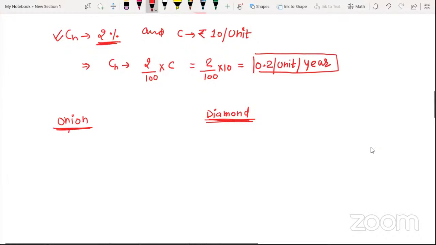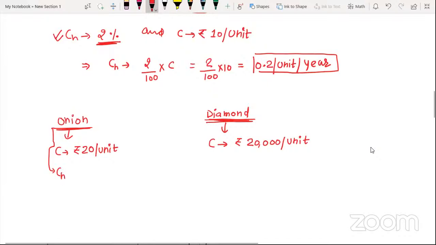For onion you are going to have less unit cost. Suppose the unit cost of a single onion is rupees 20 per unit. But for diamond, the value of C, that is cost per unit, is going to be more. So let it be 20,000 per unit.